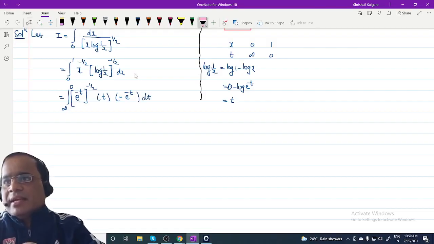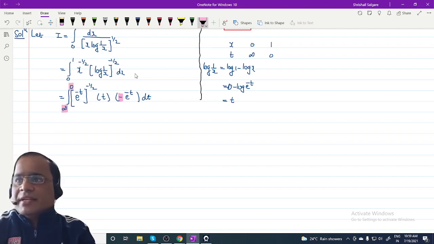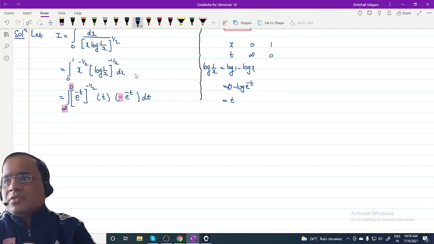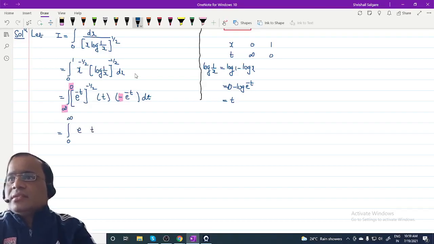Again I am highlighting this negative sign, I will absorb it to change the limit of the integral. And collecting the similar terms together, it can be written as limits from 0 to infinity, exponential term together I will take, and I missed to write t raised to minus 1 half. Yes, it is raised to minus 1 half dt.